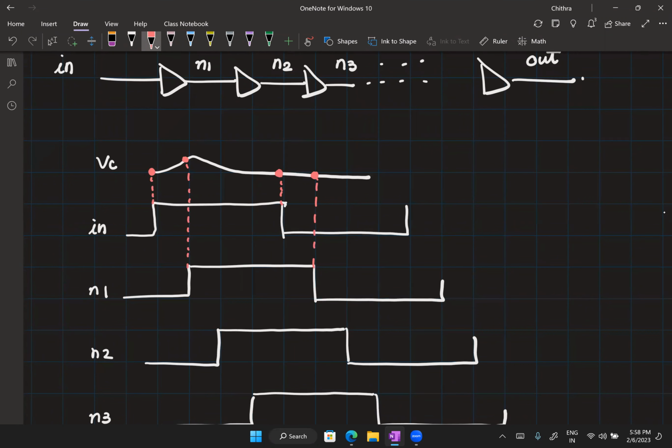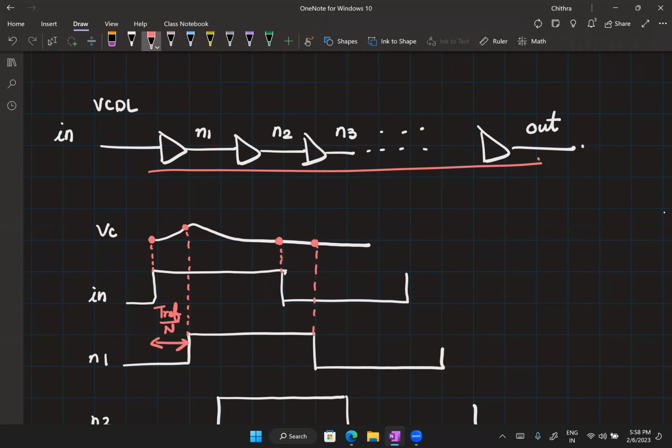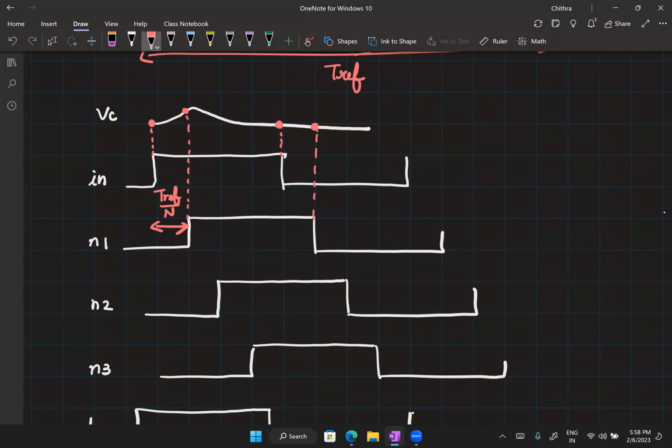So ideally, we would have expected this to be some TRF by N. This is assuming that the whole chain locks to TRF and that there are N elements, so the delay of one buffer is TRF by N. But right now, let's say VC has increased. Then in a current starved inverter, we would expect the delay to decrease. So this edge is now going to move ahead.